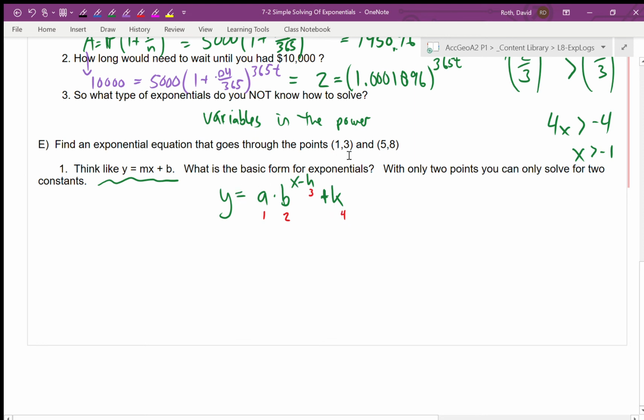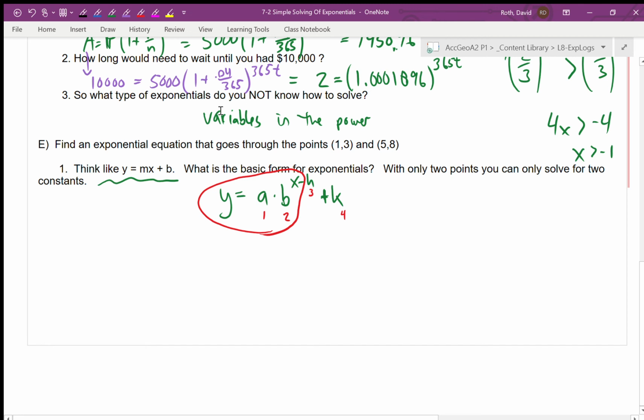With 2 points, I can write 2 different equations, and if you remember system of equation rules, you can only solve for 2 unknowns, not all 4. So we're going to call this the form of exponential, the simple form with an A and a B. I can't deal with h and k with only 2 points. I might have to have at least 4 to get all of them.